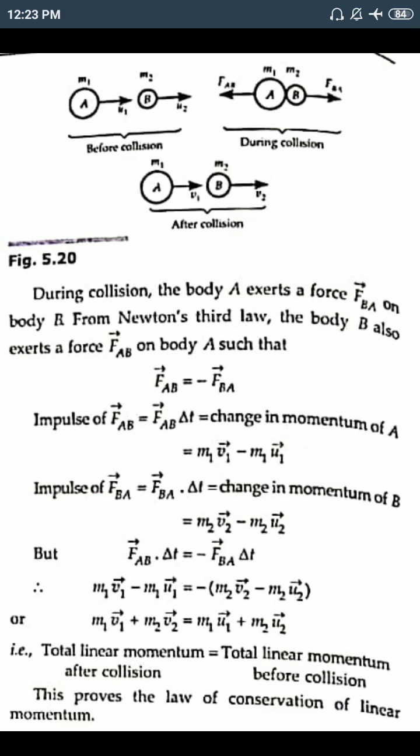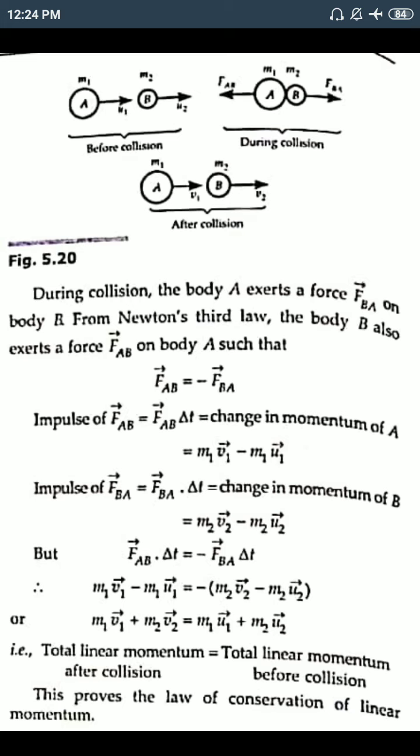So m1 v1 plus m2 v2 is the total linear momentum after collision, because A and B together form a system. The total linear momentum of both bodies after the collision is m1 v1 plus m2 v2, and m1 u1 plus m2 u2 is before the collision.